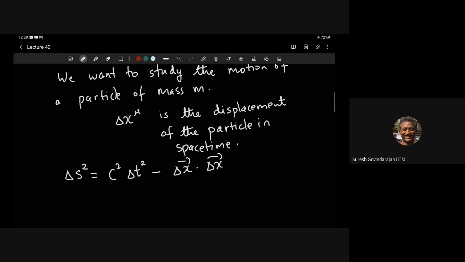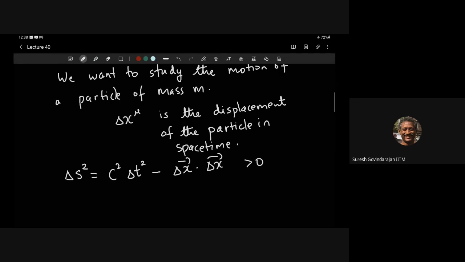Okay, and we also know that this should be greater than 0, because for instance a particle could be not moving, right? So in such a situation we expect that just delta t is non-zero and delta x is 0, so it will just evolve in space-time, moving in a straight line which is horizontal.